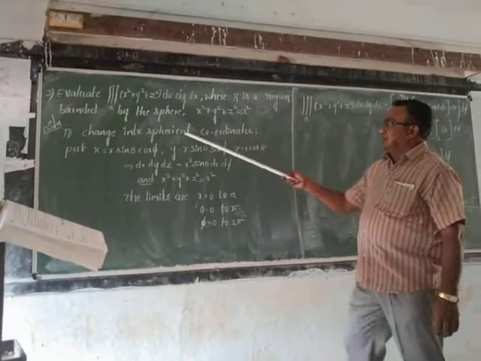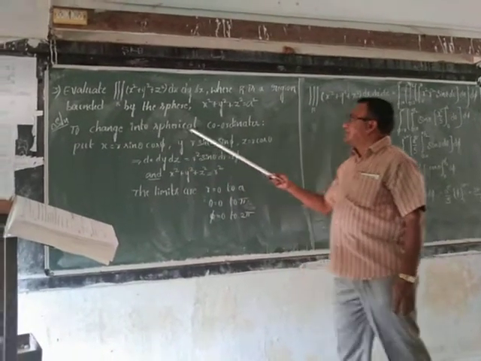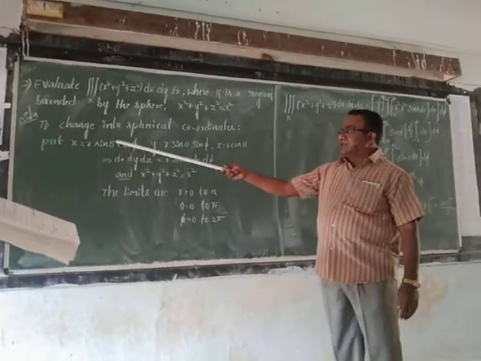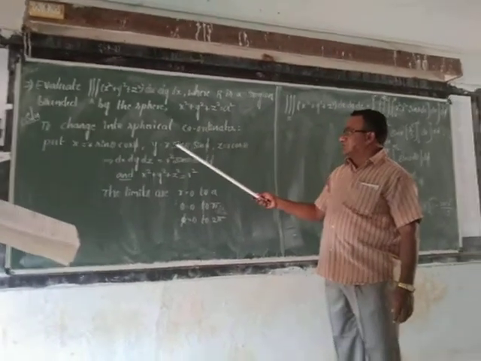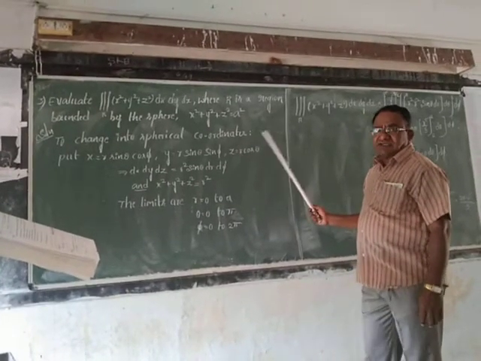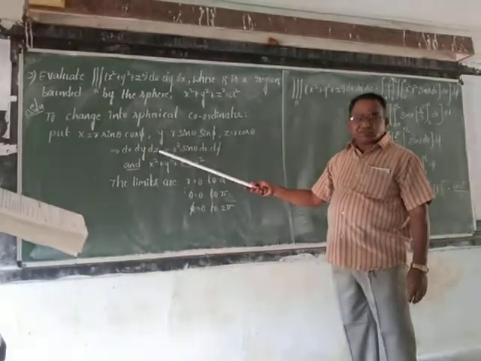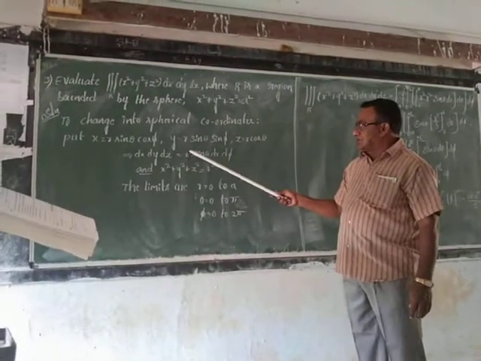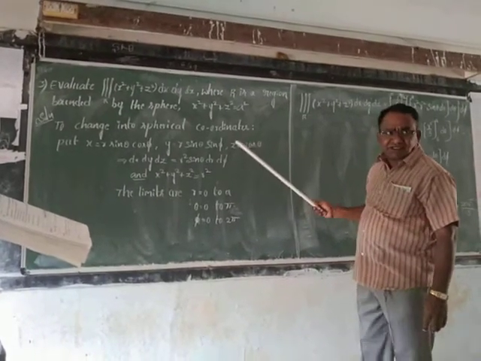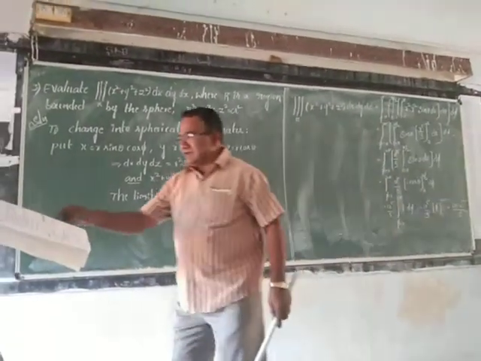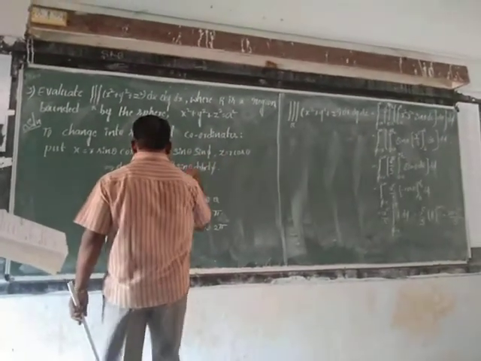And here the first point you have to write down is: to change into spherical polar coordinates, put x is equal to r sin theta cos phi, y is equal to r sin theta sin phi, z is equal to r cos theta. So that your dx into dy into dz, as I said earlier, is equal to r squared sin theta into dr into d theta into d phi.